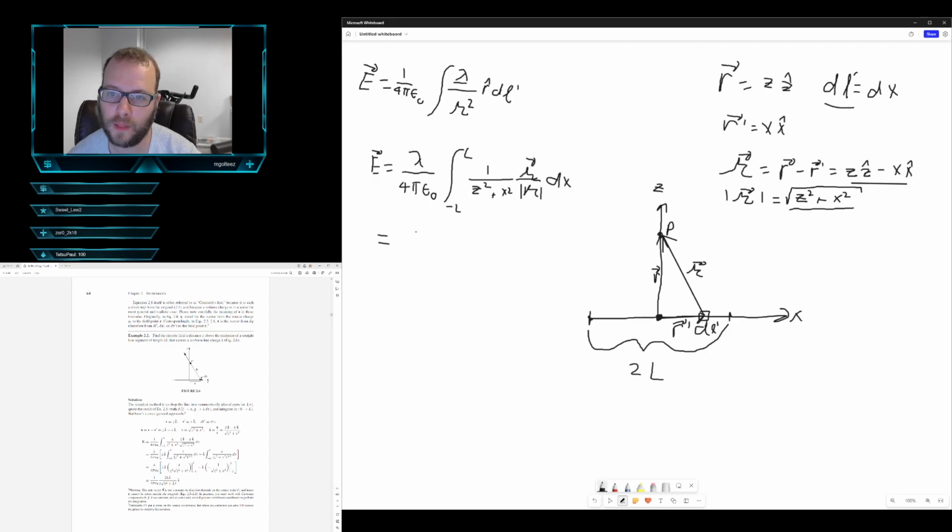So we get lambda over 4 pi epsilon naught times integral negative L of z hat minus x hat times z squared plus x squared to the 3 halves dx.